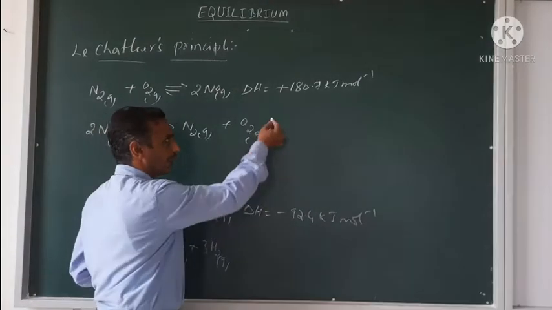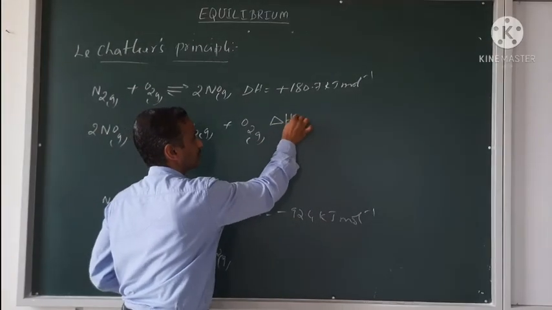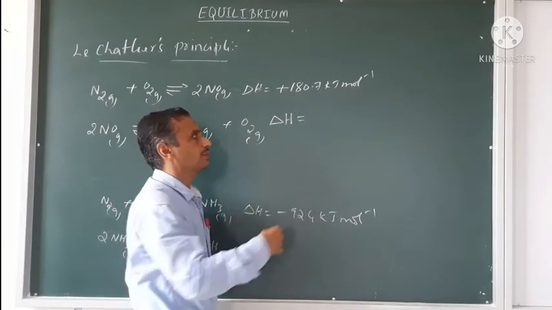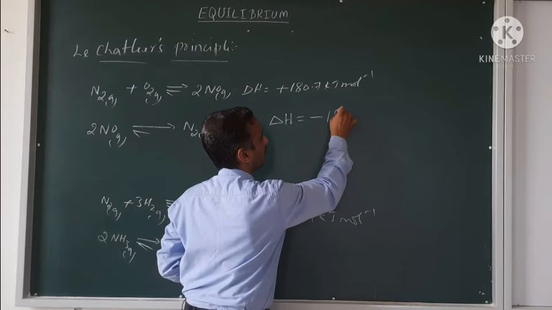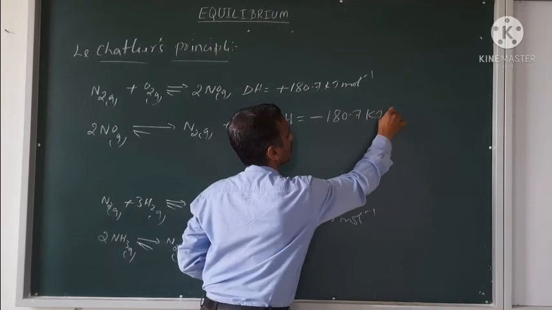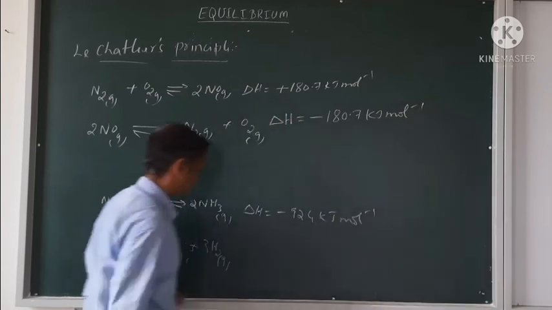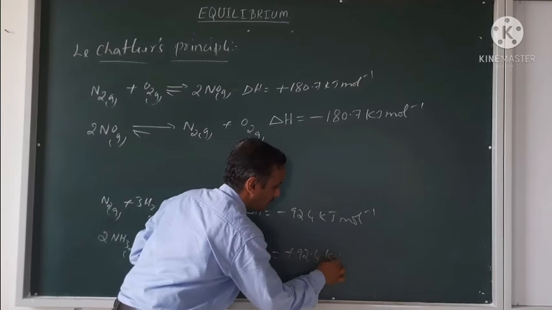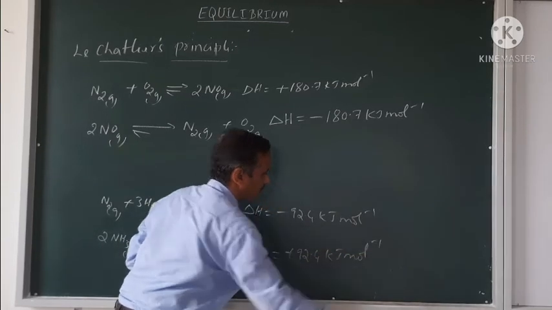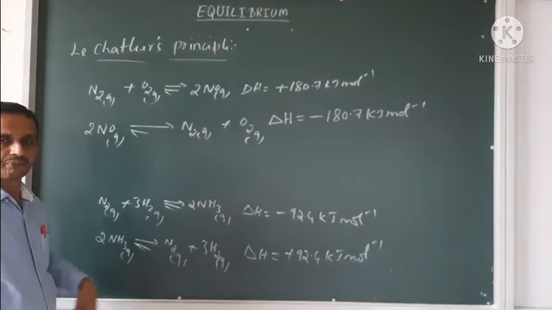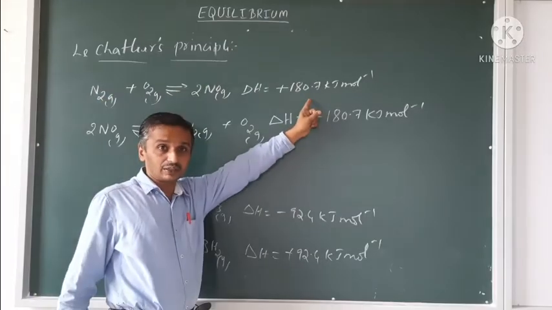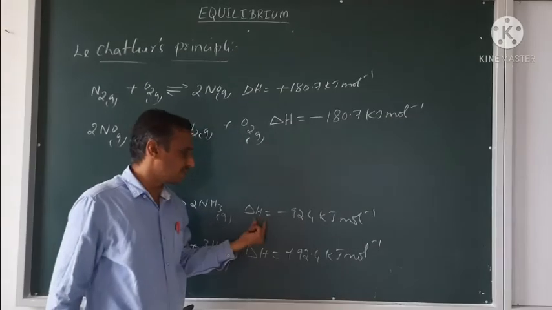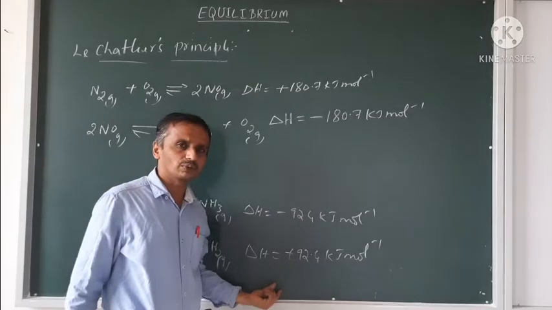Please remember, when reversed, if the delta H was positive in the forward direction, in the backward direction it becomes negative with the same value. Delta H becomes plus 92.4 kilojoules per mole. What is the meaning? If the forward reaction is endothermic, the backward reaction becomes exothermic. If the forward is exothermic, the backward becomes endothermic.